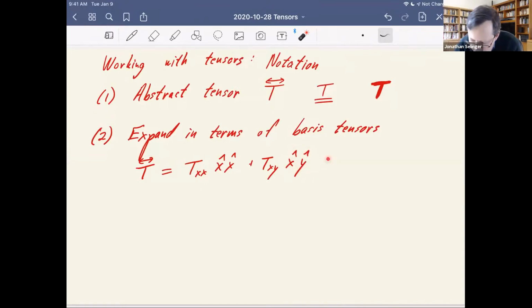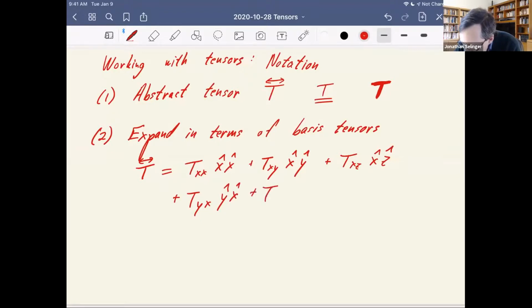And then I'm not done yet, right? I have to write plus Txz x-hat z-hat, plus Tyx y-hat x-hat, plus Tyy y-hat y-hat. You may notice this actually involves a lot of writing. People don't really do this in practice.